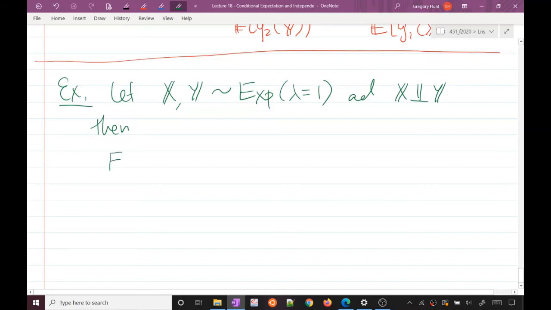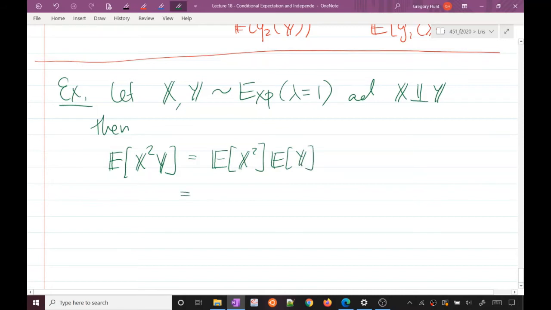What if I ask about the expected value of x squared y? That generally would be a kind of nasty integral: integrate x squared y times the joint. But because they're independent, I can just say this is the expected value of x squared times the expected value of y.